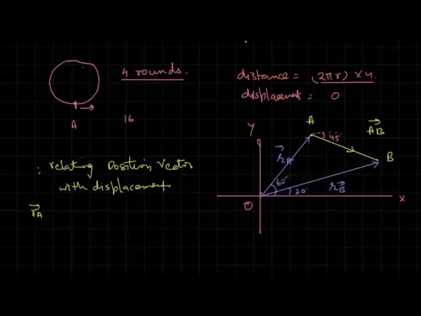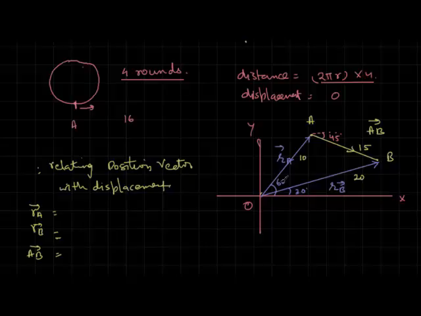So now for your exercise, write down what is RA vector, what is RB vector, and what is the displacement, which is AB vector. If it is given, this is 10 meter, this is 20 meter, and this is 15 meter. So just try it for yourself.